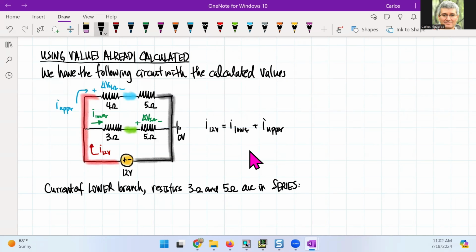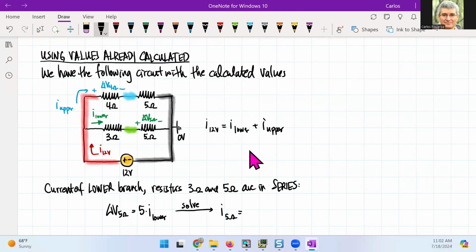That means the voltage of the 5 ohm must be 5 ohms times the current of the lower branch. Now we can solve for that current because we know the resistance and the voltage.